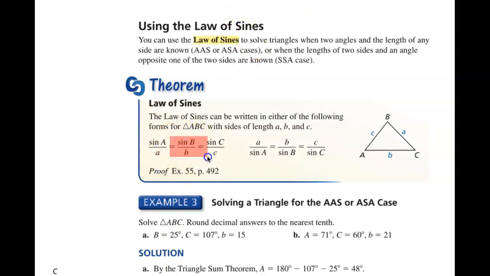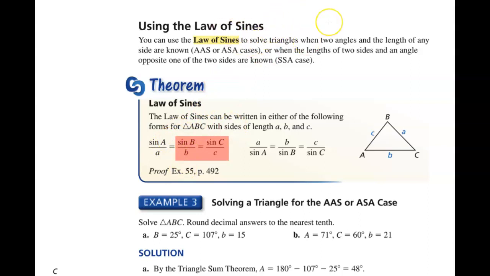And so if we take a look at this left-hand side proportion, if we are solving for A, then perhaps we'll only use these two ratios. If we're solving for C, perhaps we'll only use these two, right? So despite the fact that there are two equal signs and three ratios here, we're really only using two in order to figure out one unknown.